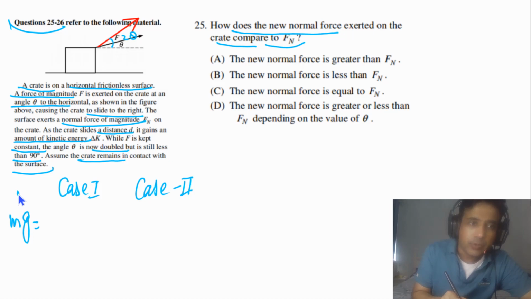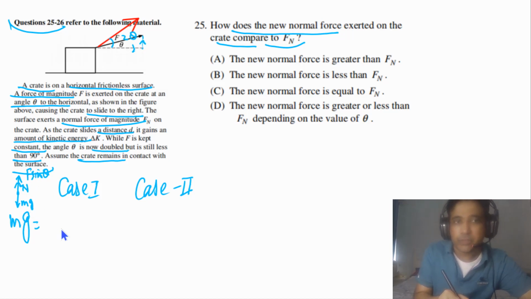We can also draw the free body diagram. We have mg that is acting downwards, and there will be a normal reaction force that is acting up. This is the N, and there is an upward force that is F sine theta, meaning we can resolve this into two components. This is the force that is acting upwards.